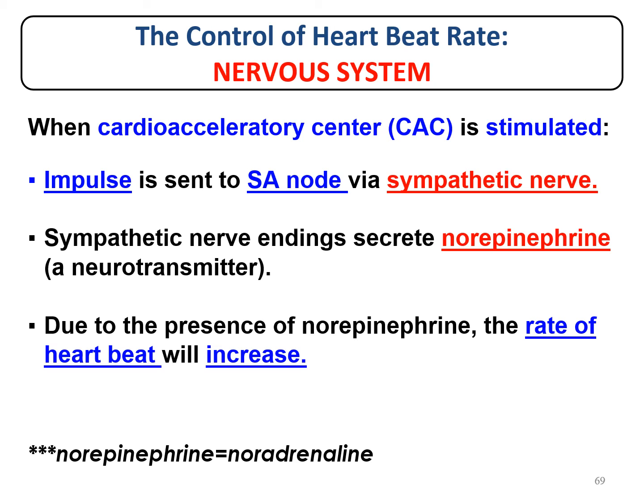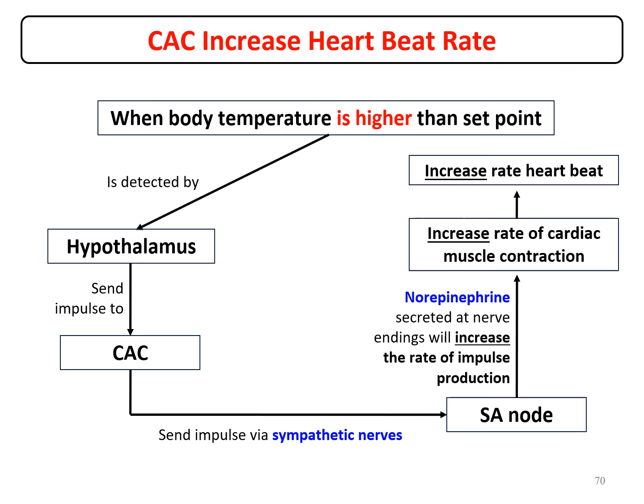So how does the SA node know the sympathetic nerve is sending an impulse? It is because the neurotransmitter sent by the sympathetic nerve is a specific neurotransmitter, which is norepinephrine. Due to the presence of norepinephrine, the rate of heartbeat will increase.